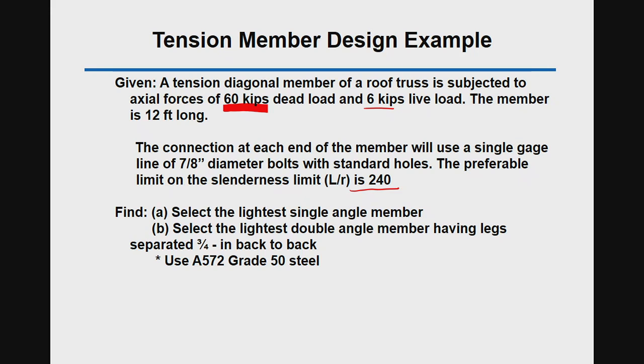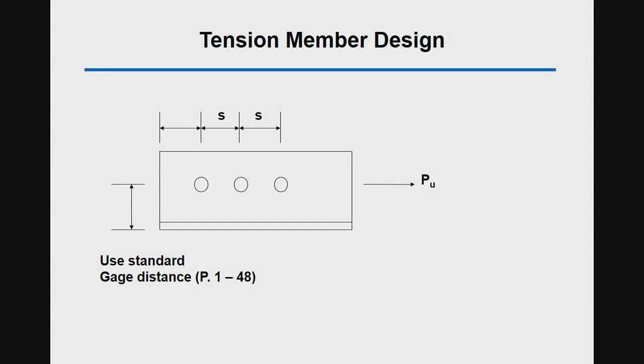Based on this information, we are to find the lightest single angle member, or find the lightest double angle member having legs separated back to back, and use A572 grade 50 steel. Right, so that's maybe the look of the tension angle members.